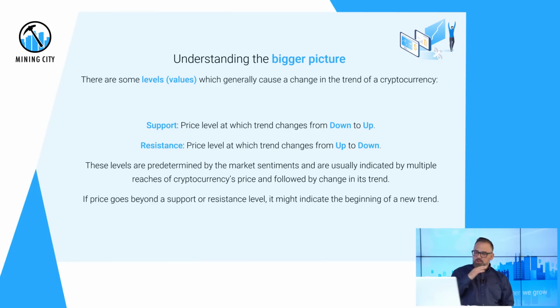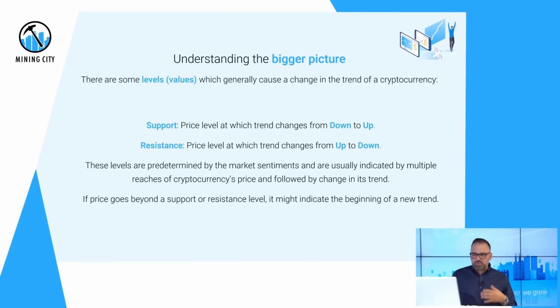And there are two levels here to be considered. We talk about the support level, when at a certain price level trends change from down to up, and similarly the resistance level, when they go from up to down.